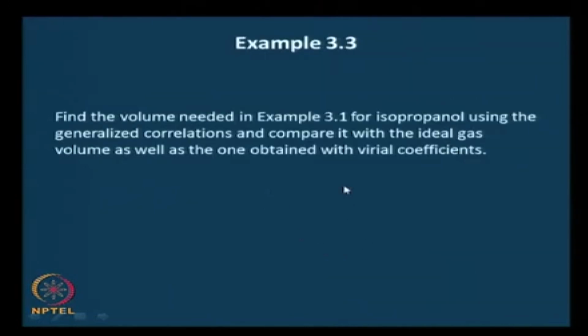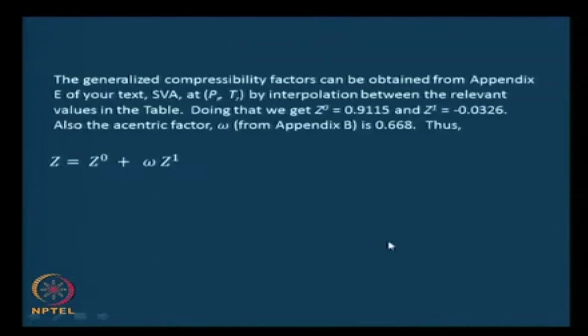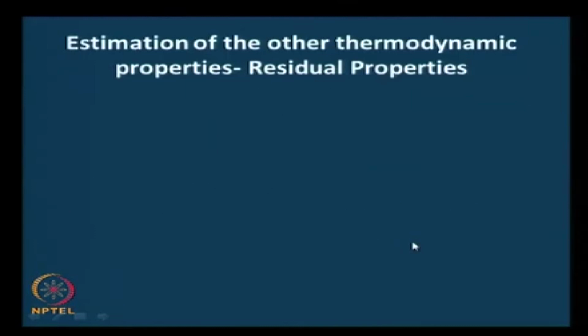Then we worked out an example where we applied the generalized correlation and also compared it with the ideal gas and the virial correlations, so the values obtained from those. So that was one major part of the module.